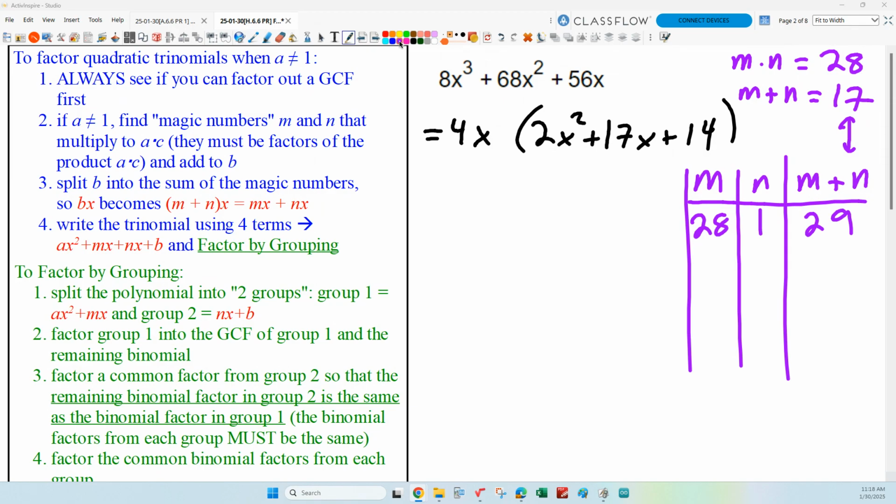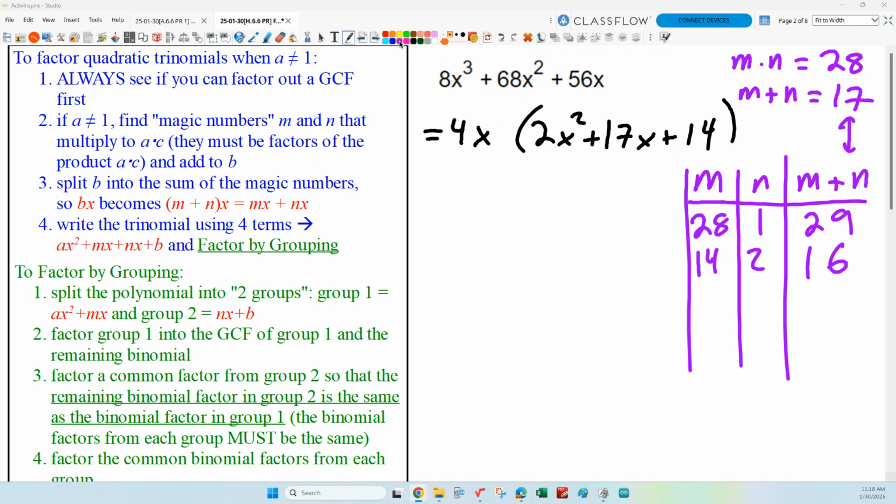Yep, 14 and 2. Everybody agree? What's that add to? What's that tell us? There can't be any, right? Because we skipped them. 17 was, there's no possibility of ever getting 17.